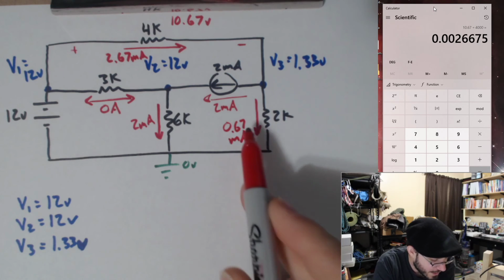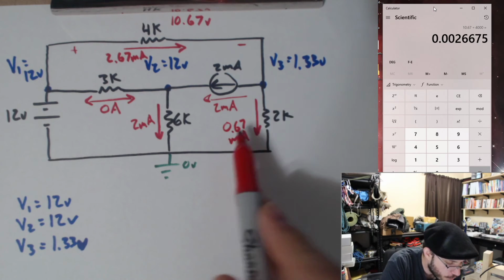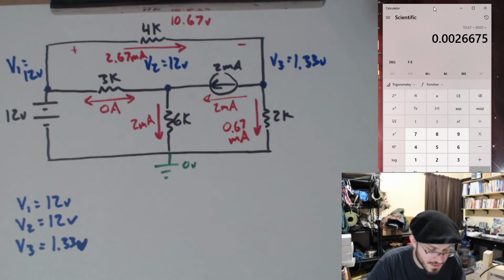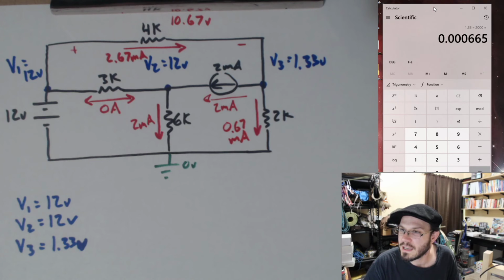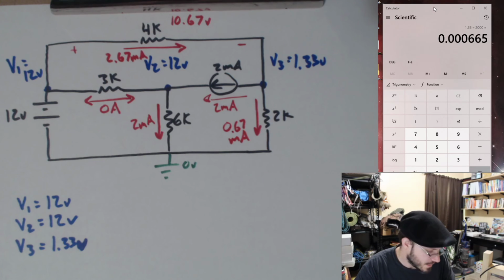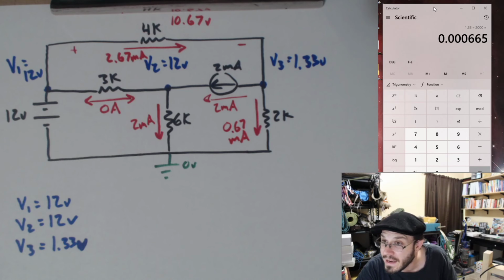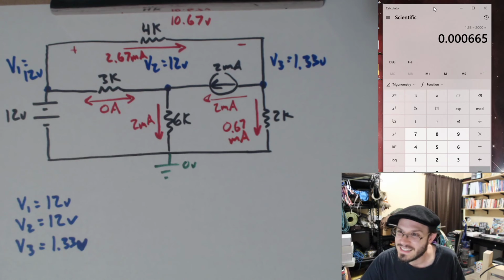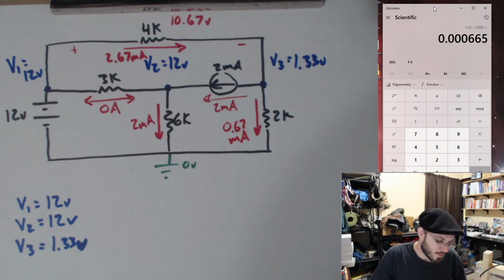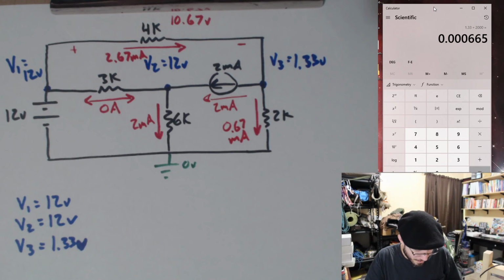I'm so confident in this that I'm actually just going to write it down before I even apply Ohm's law to see what it is. We're going to do 1.33, the voltage drop across the 2K, divided by 2,000 ohms gives us 0.67. Whew, okay. 0.67 milliamps. We're right on the money on that one.